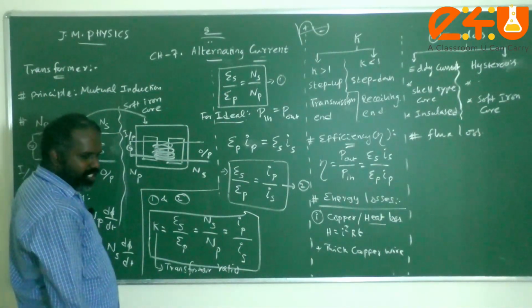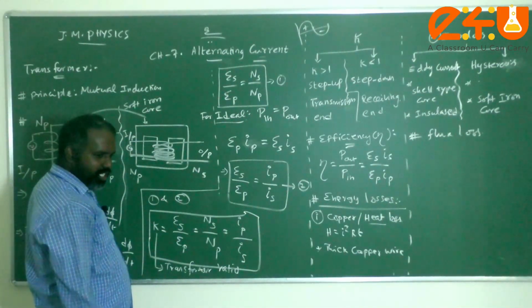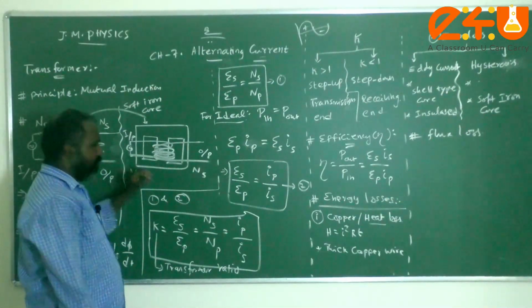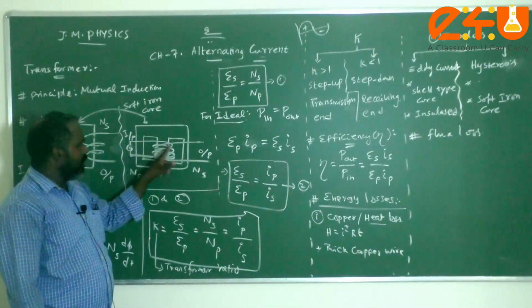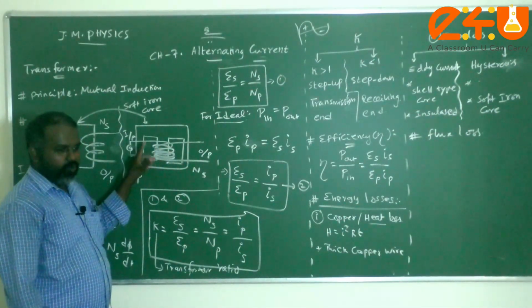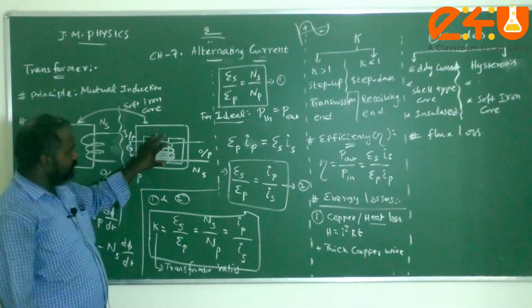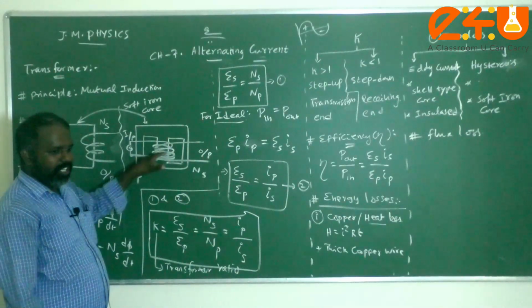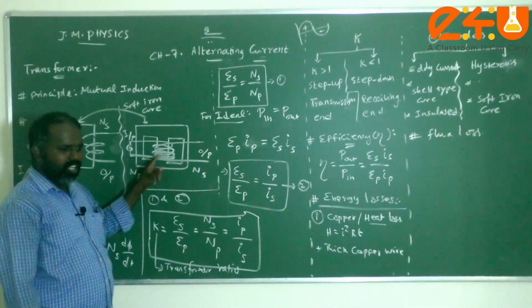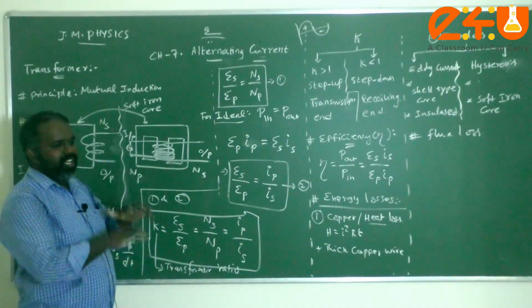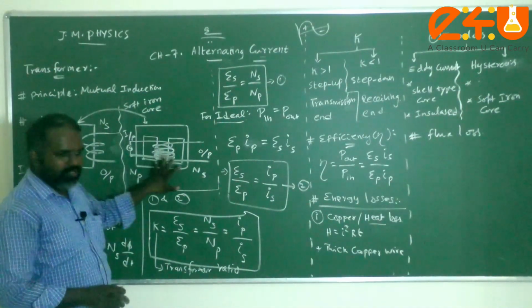To minimize the flux leakage, we wind the windings one over another, which will reduce what, children? Flux leakage, because the primary and secondary windings are placed one over another. Therefore the air gap will be reduced, and because of that the energy loss will be very small.